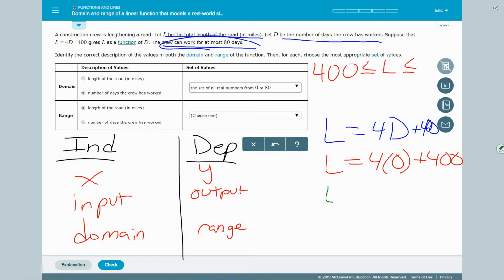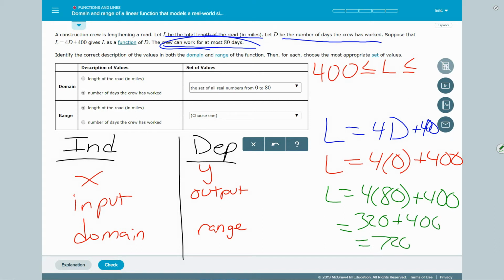Then we'll end up with L equals 4 times 80 plus 400, or 320 plus 400, which is 720 miles. So our road can be anywhere between 400 miles if the crew works 0 days, and 720 miles if the crew works the full maximum of 80 days.